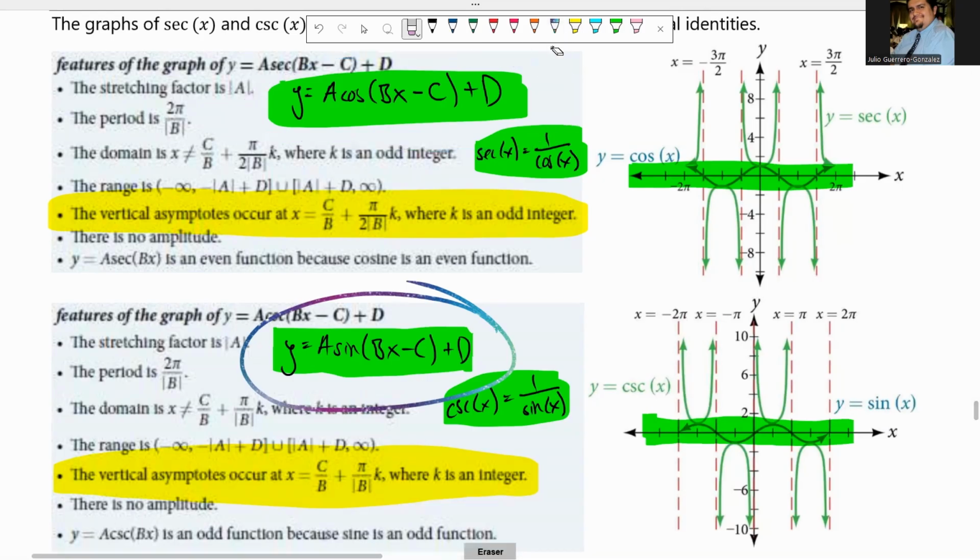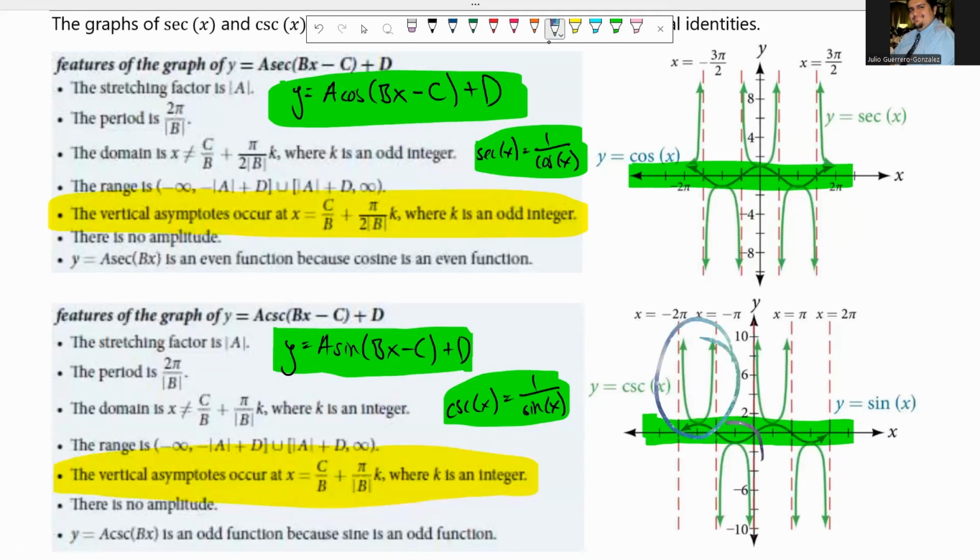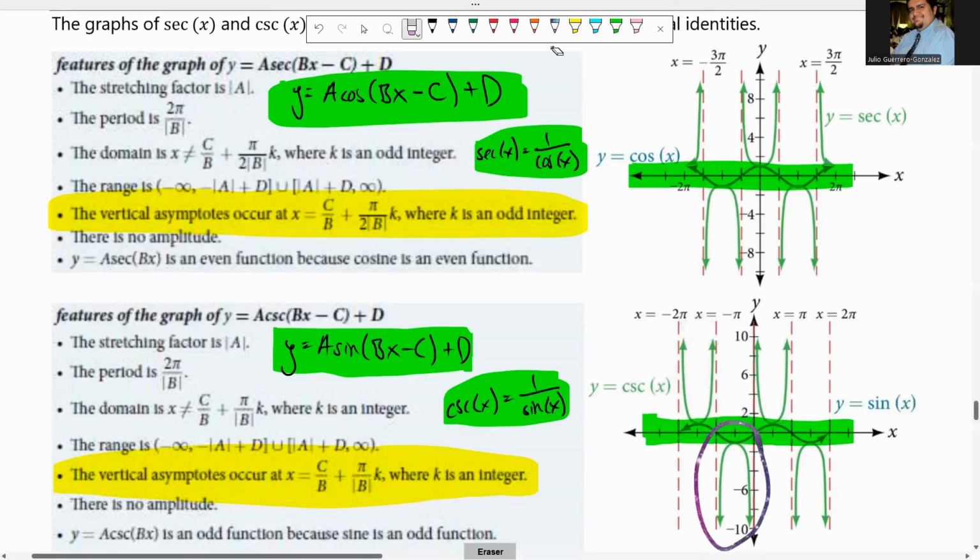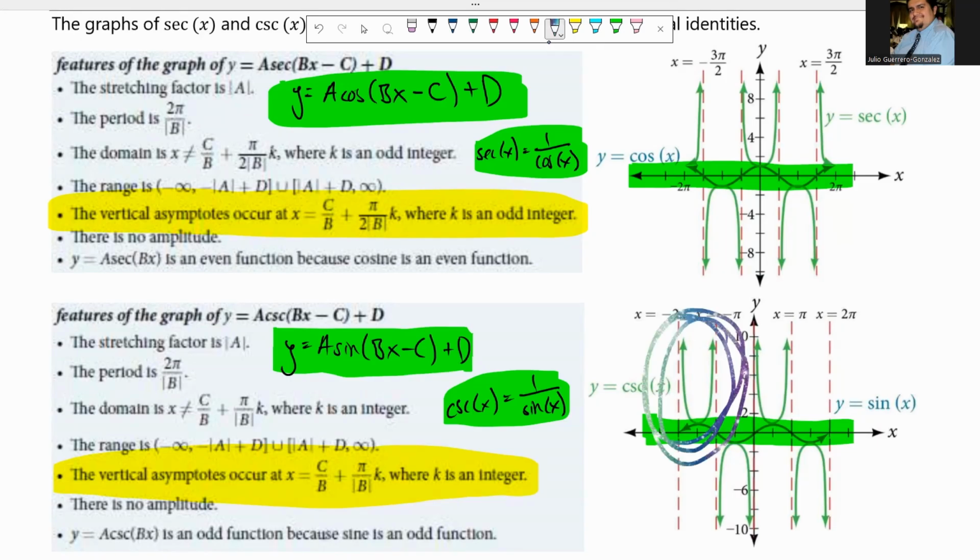And based off of that, we figure out which one's top or bottom. So when we graph sine or cosine between two asymptotes, if we have the hump, we know that that U shape is going to be facing upward, like what's happening right here.